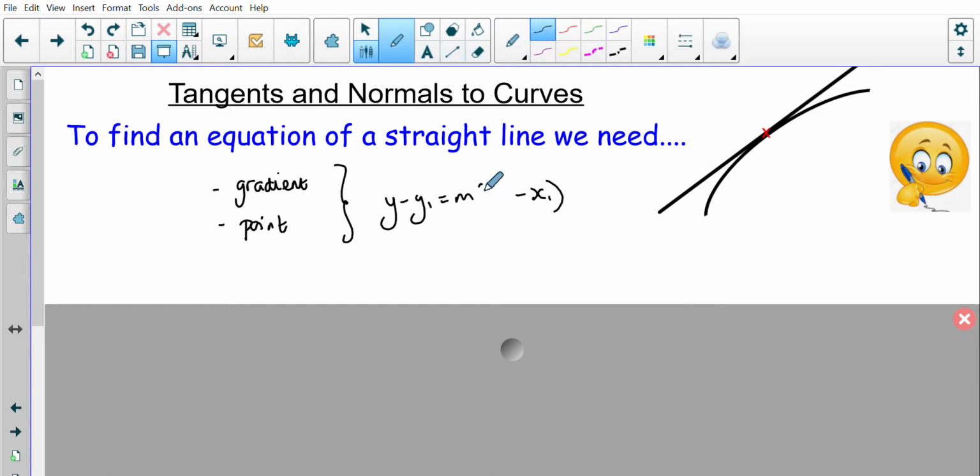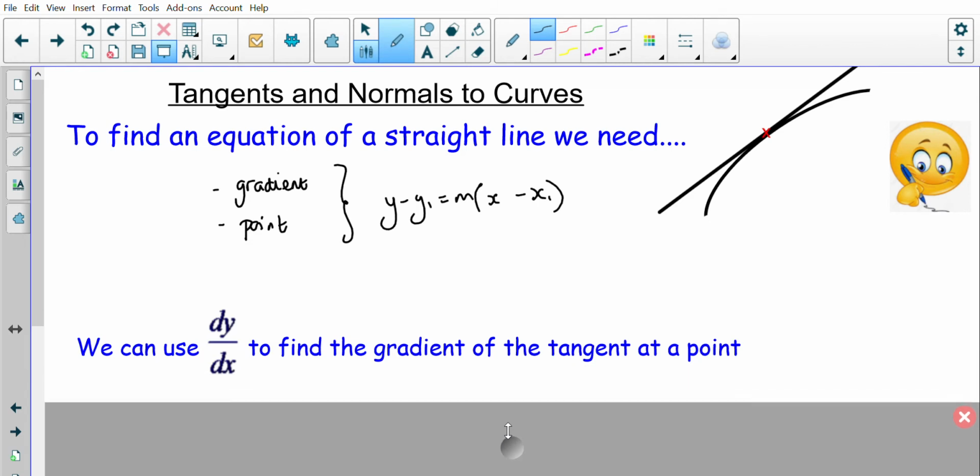So you'll find this notes sheet in Teams and you can write down the next few examples. So the only difference now is the fact that we're going to use differentiation to find dy by dx to find the gradient of the tangent at that particular point to use in the equation y minus y1 equals m(x minus x1).